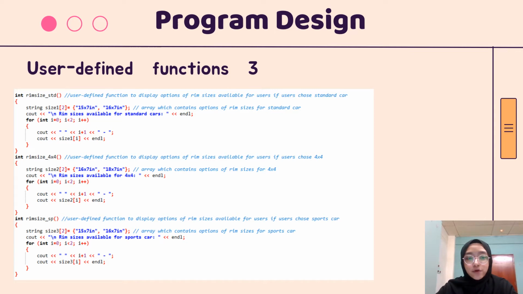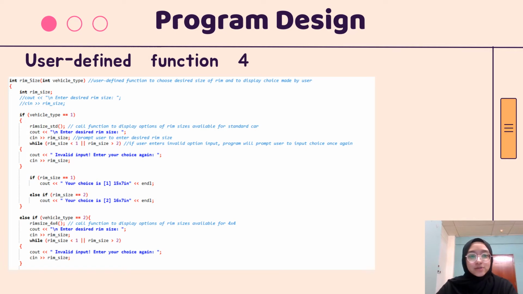If user chose 4x4, the second user-defined function, which is rim size underscore 4x4, will be called. And if user chose sports car, the third user-defined function, which is the rim size underscore sp function, will be called. The coding for these 3 functions are done by me, Siti Aqilah.